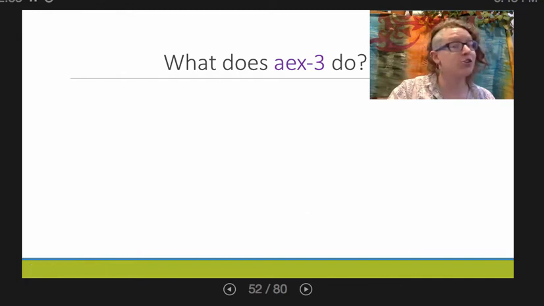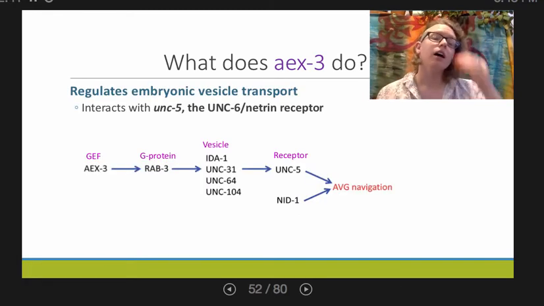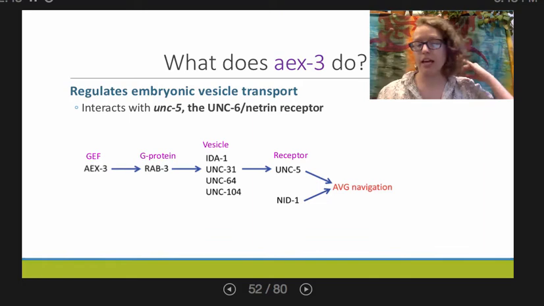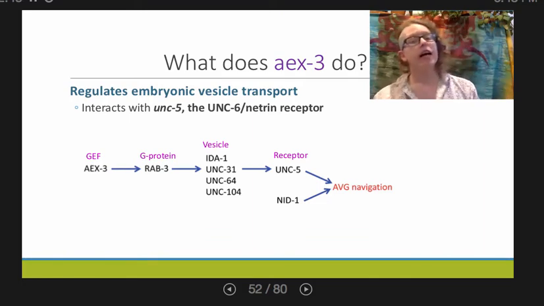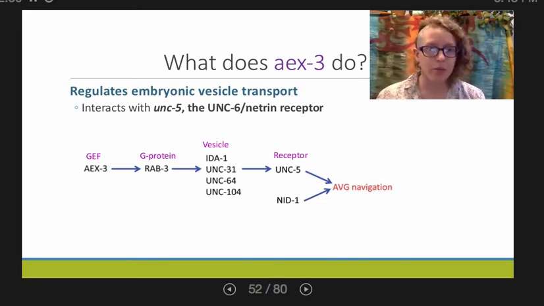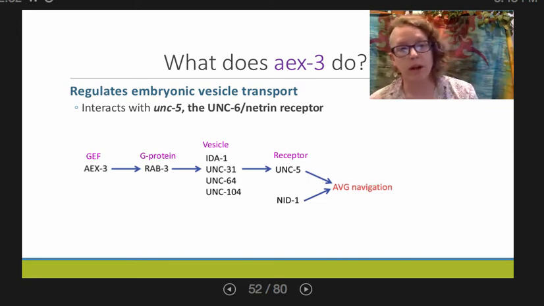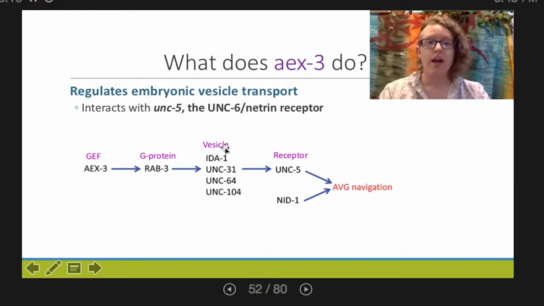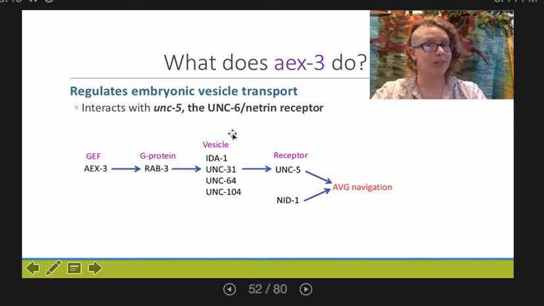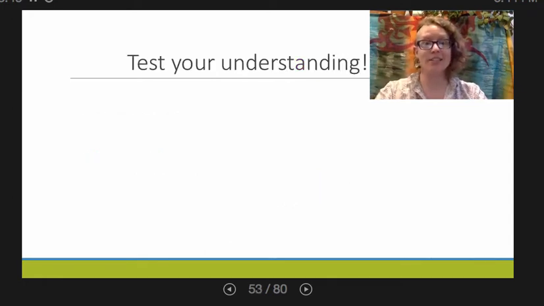This was my predecessor, Jafar Bott. He looked at AEX3 fairly thoroughly with genetic interaction studies and was able to find out this lovely pathway. AEX3 regulates embryonic vesicle transport, vesicles, little things containing other things. And Jafar was also able to connect AEX3 to ONC5, which is a neutrin receptor. So that's cool. Next!